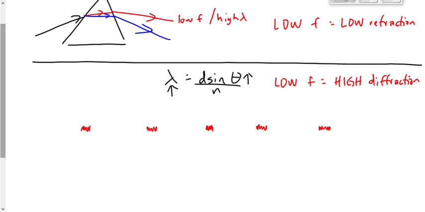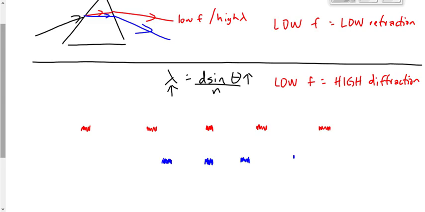Remember that blue light has a higher frequency. If we have a higher frequency, we would get more refraction, but we would get less diffraction. So if I shine blue light here, that would be my central maximum, as it would be for red. But the first order maximum would have a smaller angle than it would for red.